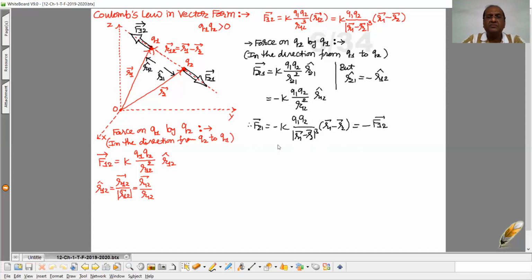We can observe that this one and this one are the same except for the negative sign. So we can write F21 equals minus F12. Whether we take force on 1 by 2 or force on 2 by 1, or force between those two, after all it is one and the same thing. Magnitude-wise it is the same, just the directions are opposite. Clear?